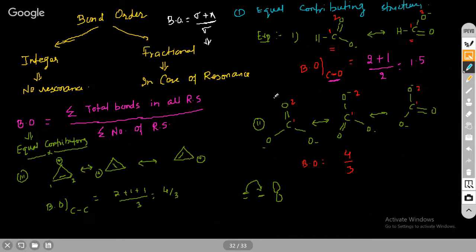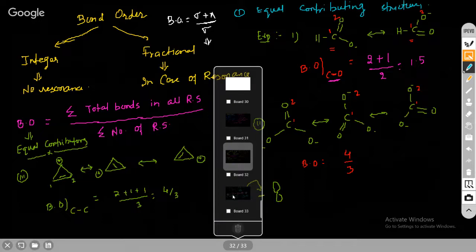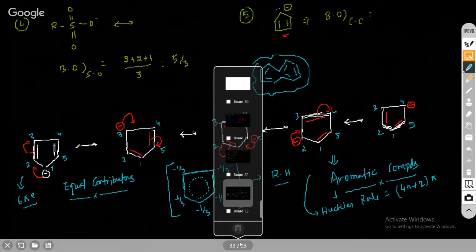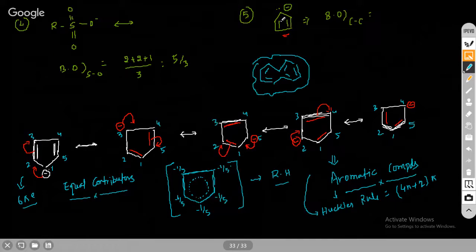Now you see, like I said, these kinds of structure, this one you see. Now in this, if I have to find out the bond order of these two, what will be the answer? Suppose I take this one.